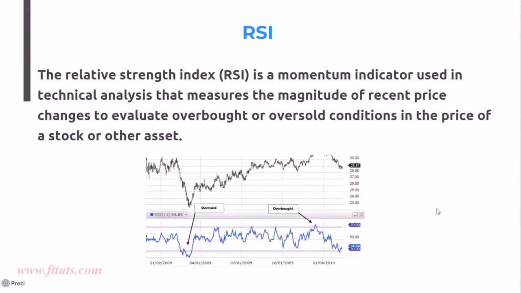So the Relative Strength Index is a momentum indicator used in technical analysis that measures the magnitude of recent price changes to evaluate overbought or oversold conditions in the price of a stock or other asset like cryptocurrency. We can see right here when the stochastic goes down below 30, that is in oversold territory.